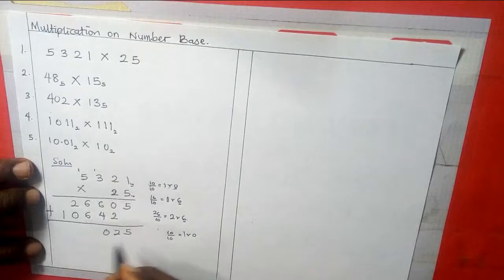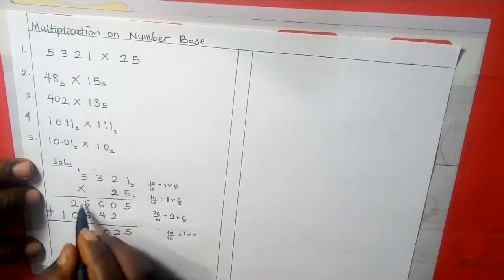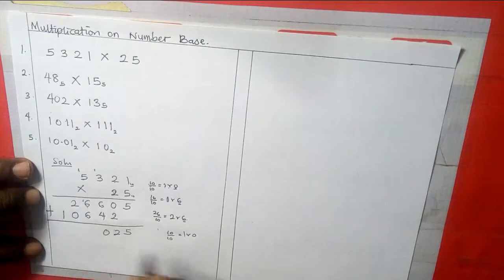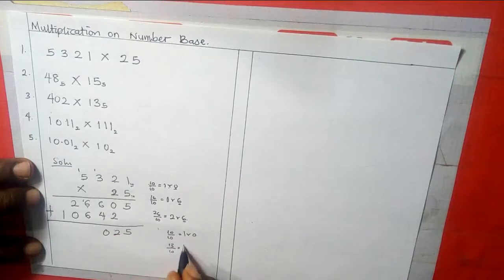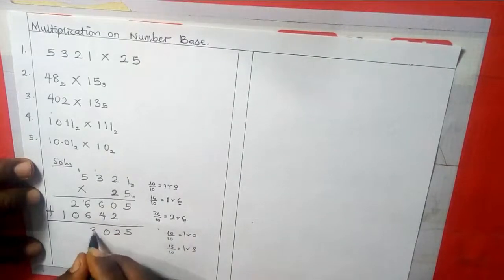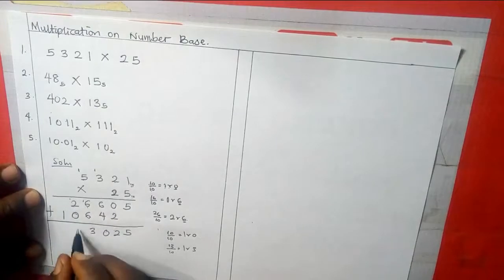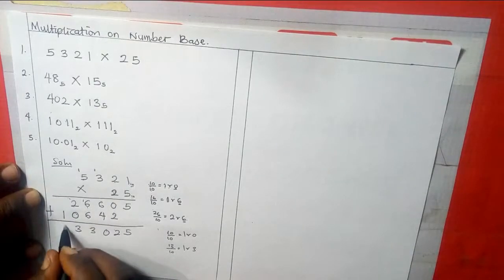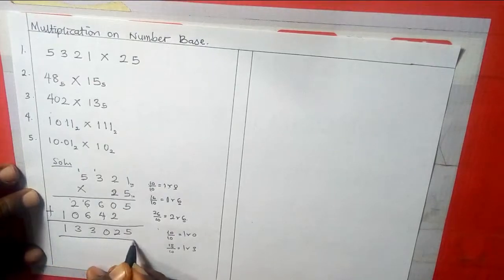You take 1 to the next place value, which becomes 6 plus 6, 12, plus 1, 13. So you have 13 divided by the number base, 10. It gives you 1 remainder 3. So I write 3 and take 1 to the next place value. I have 2 plus 0, 2, plus 1, 3. So the 1 here is the only one standing. So we have it to be this.